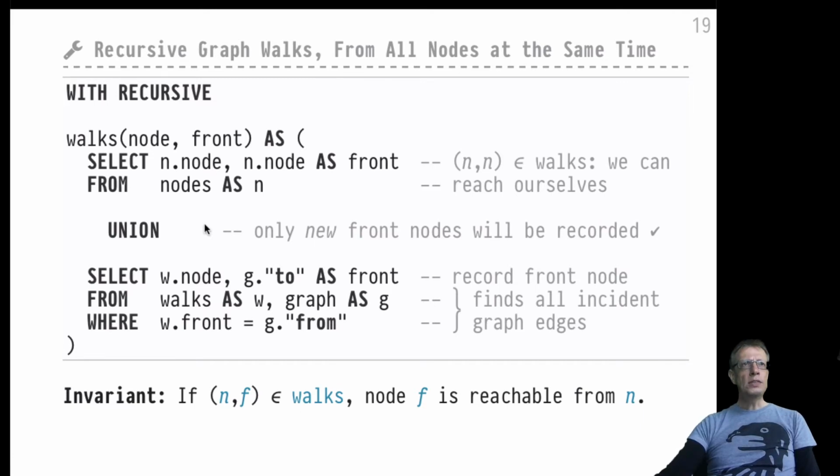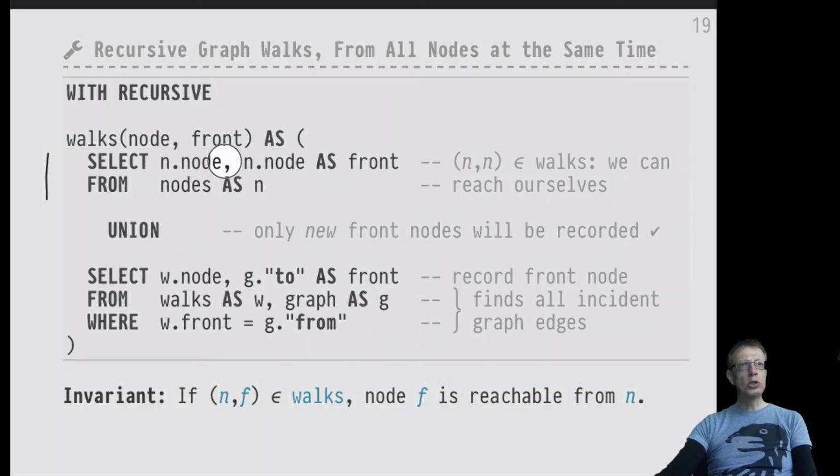Okay, so let's see how we seed this entire recursion. Well, we would just look at all the nodes, all the 7 nodes that we have available, and we would record that each node can reach itself. Each node can reach itself. And so each node would be the start of the walk, and it would also be the front of the walk.